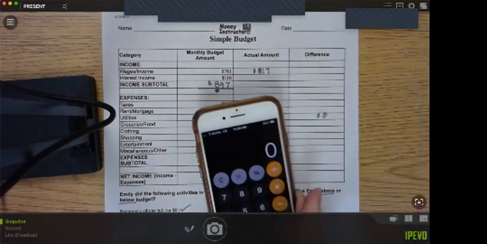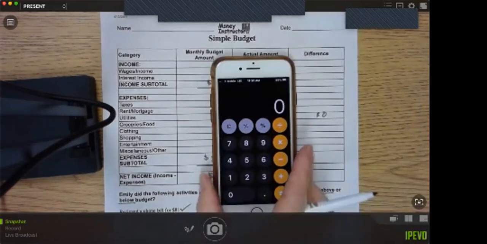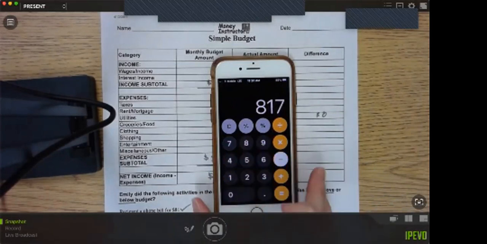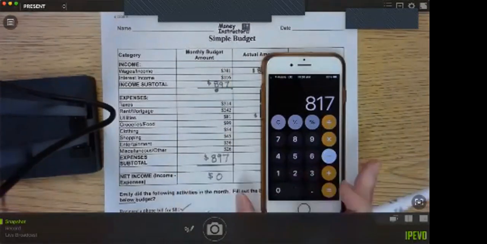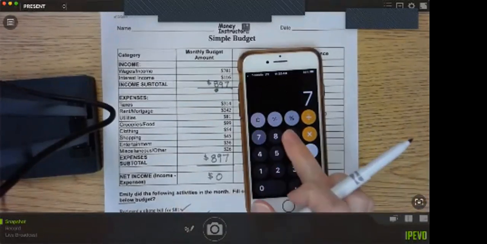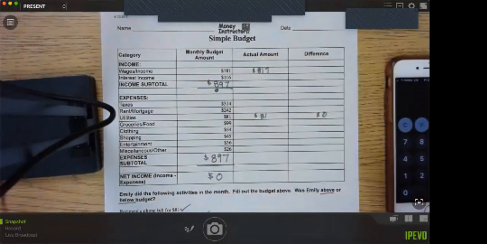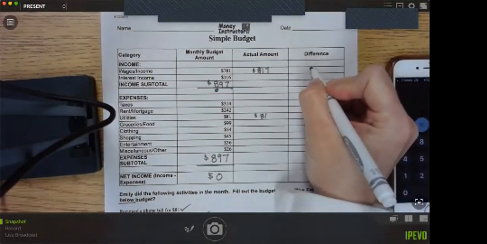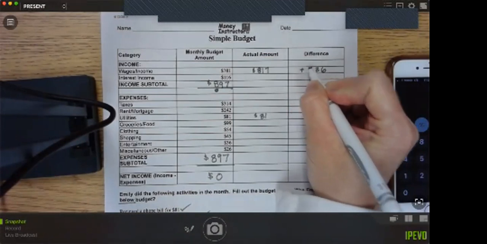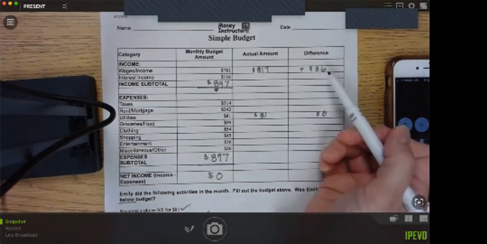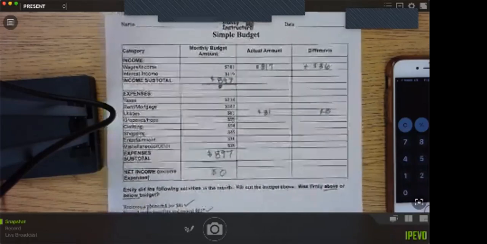So let's take $817 minus what she budgeted for, $781. And what's the difference? $36. So she made 36 more dollars. So plus 36 more dollars, right? So now she's already off a little bit with her budget.